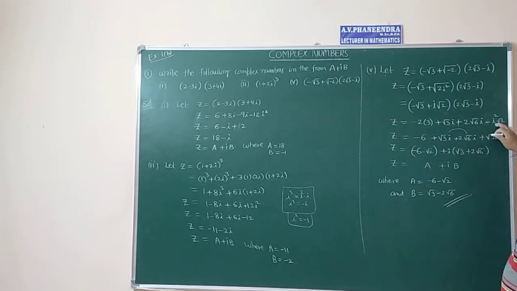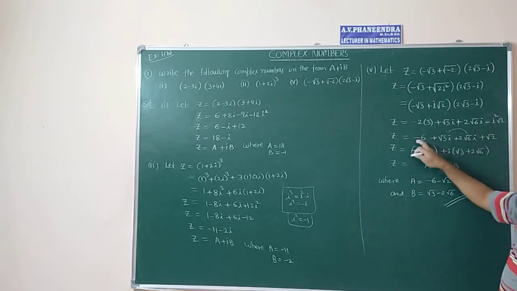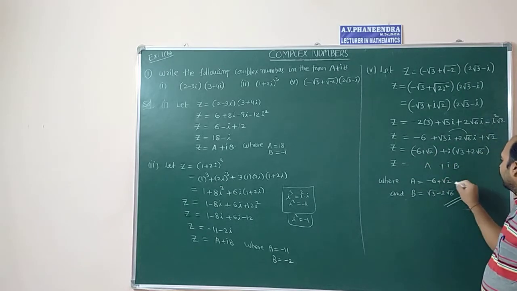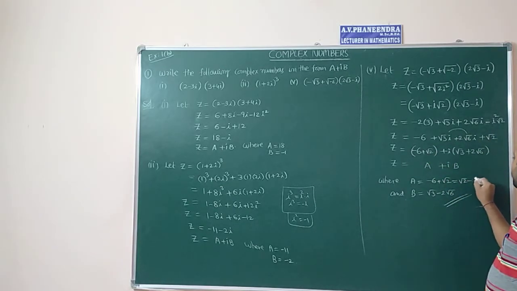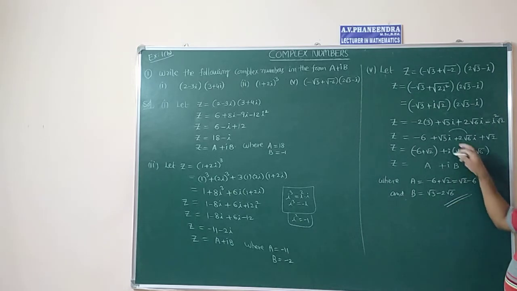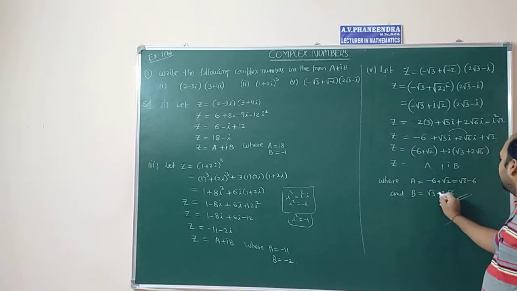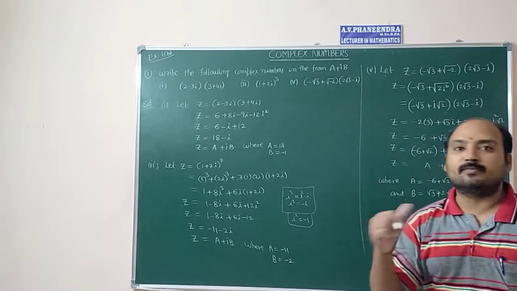After that, i square value minus 1, it will come plus root 2. Therefore, root 2 minus 6, it is equal to root 2 minus 6. And from these two, I take common i into root 3 plus 2 root 6. Here, small correction, just minus.